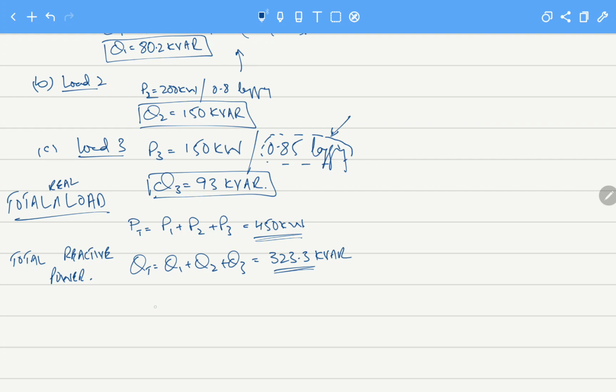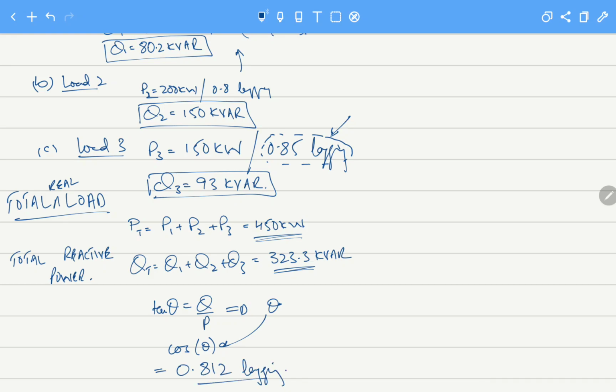We know that tan theta equals Q over P. From here we can get the value of theta, and then when we take cos of this theta, we will get the power factor, and this will become 0.812 lagging.